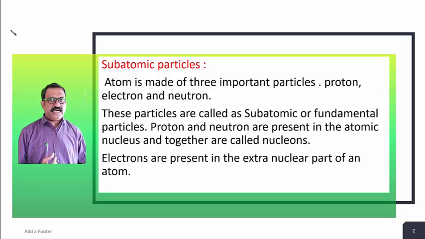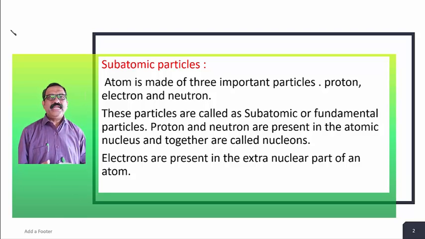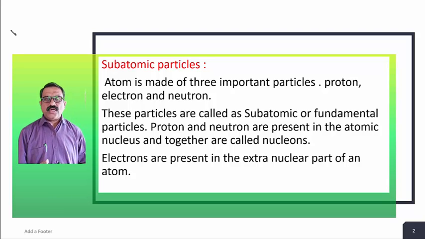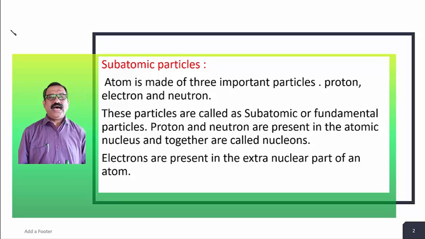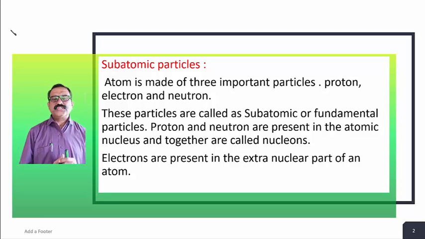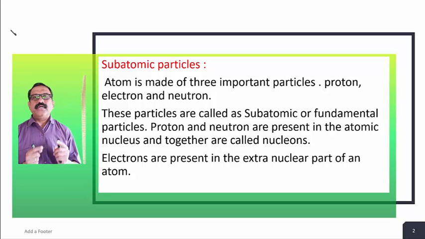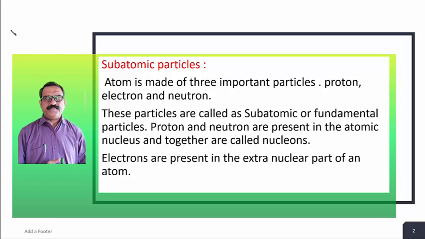These particles are proton, neutron and electrons. Proton, neutron and electrons are called subatomic or fundamental particles of an atom.